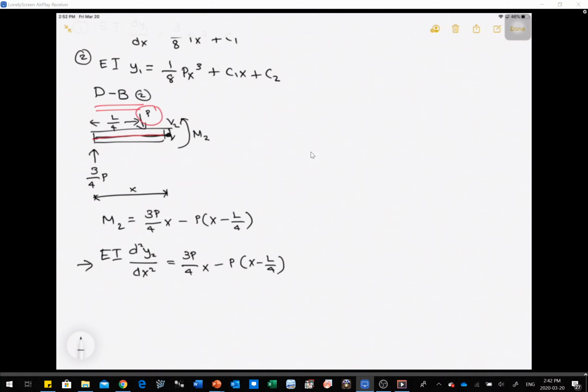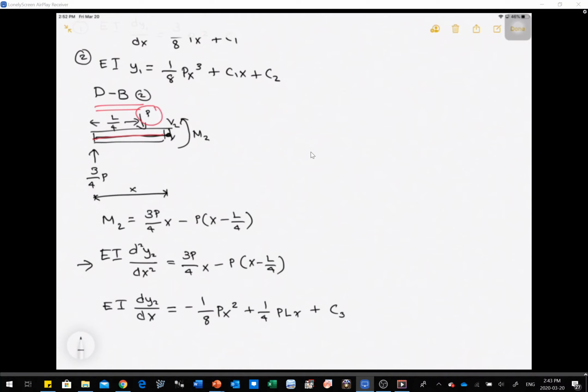If I do that, I'm going to have the following. First, I get EI dy2 over dx, the slope at section DB, and that's equal to negative 1 over 8 P x squared plus 1 over 4 P L x plus C3.